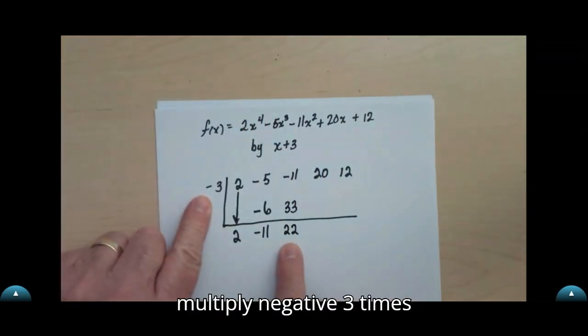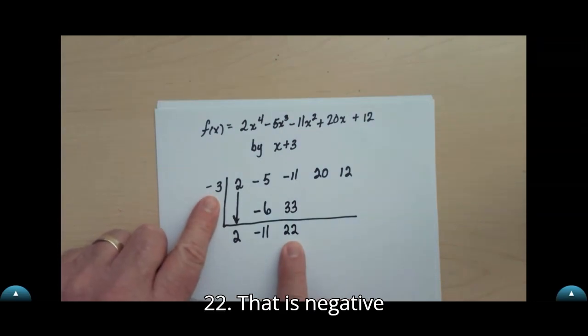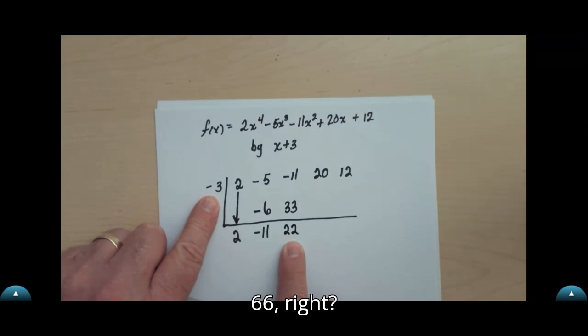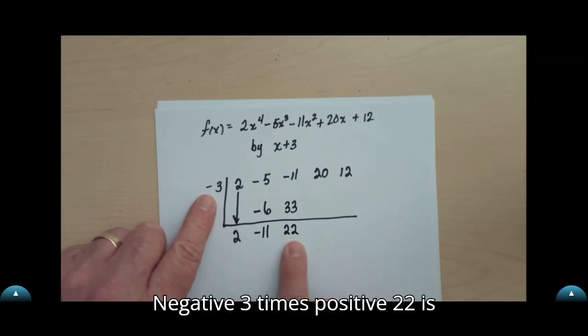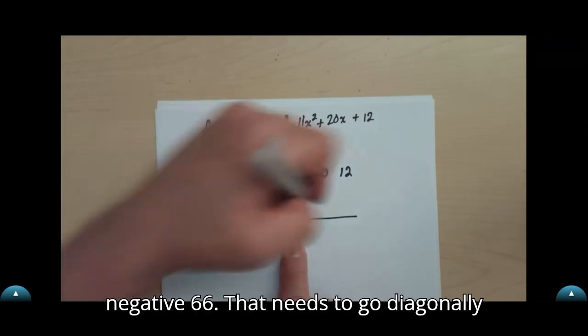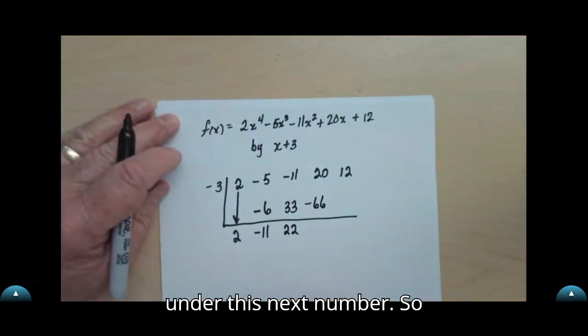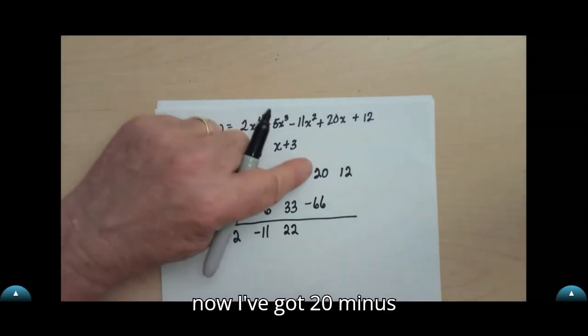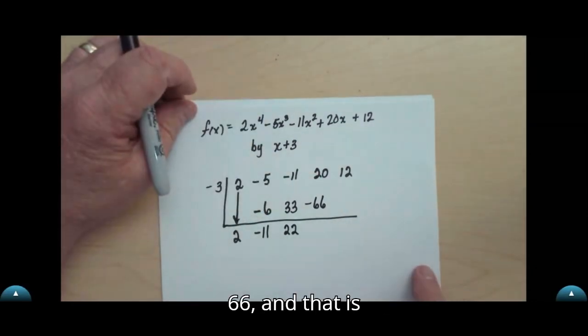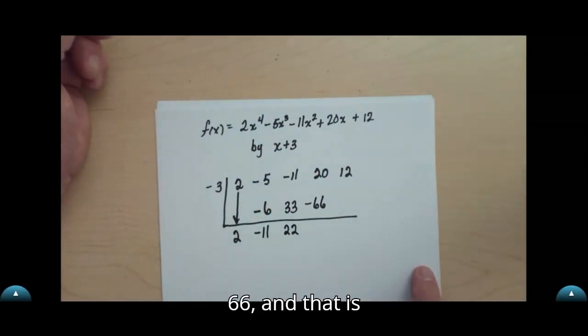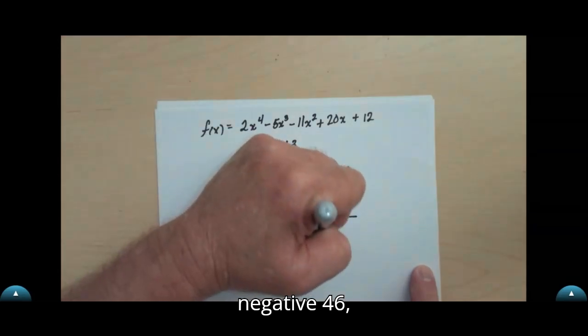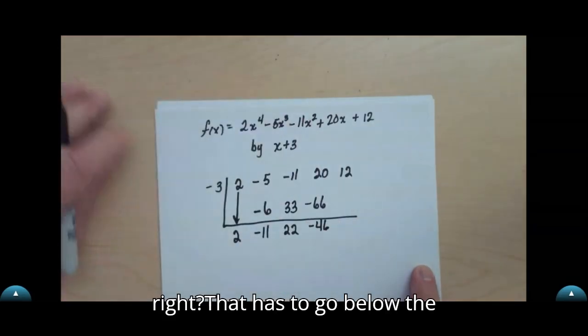Now I need to multiply -3 times 22. That is -66, right? -3 times positive 22 is -66. That needs to go diagonally under this next number. So now I've got 20 minus 66, and that is -46, right?